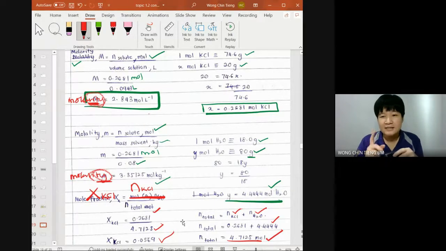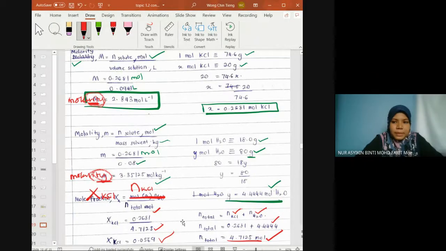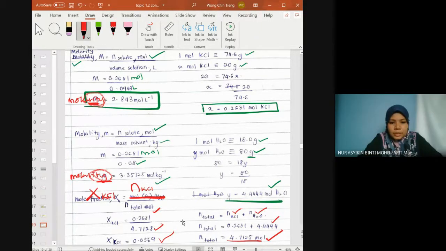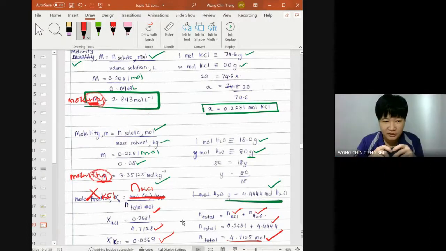Sekarang soalan tanya mole fraction of water. Dapat 0.9431. Shikin kira macam mana? 1 tolak mole fraction of KCl. Betul. Alright. Simple. Okay, simple.